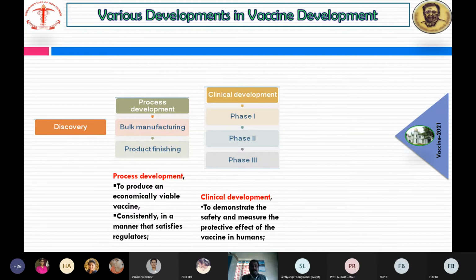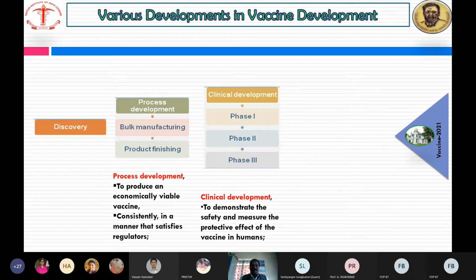Clinical development means going through phase 1, phase 2, and phase 3. In clinical development, we demonstrate the safety and measure the protective effect of the vaccine in humans. Yes, one single dose of the vaccine given to a person should be able to elicit an immune response, and the same kind of immunogenicity should occur in another person.